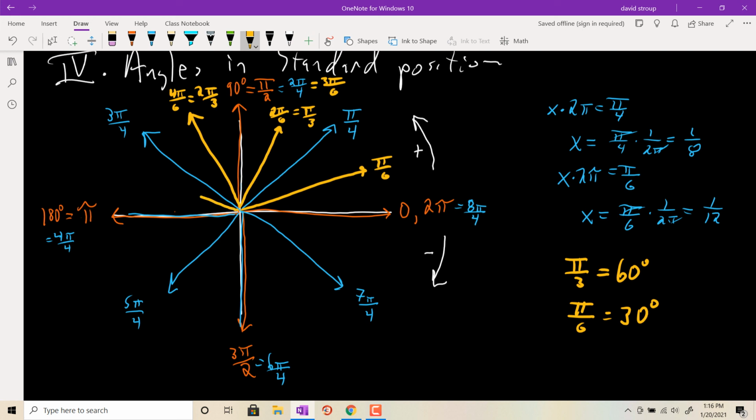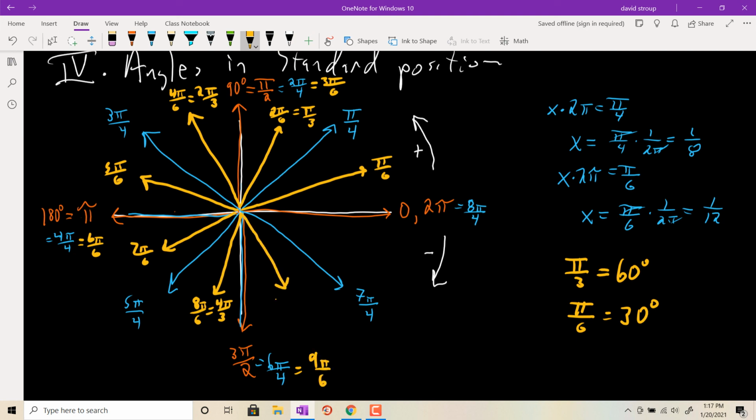And then 5 pi over 6. And then 6 pi over 6, of course, it's just pi. And then 7 pi over 6. And then, of course, 8 pi over 6, which is also 4 pi over 3. 9 pi over 6 is the same as 6 pi over 4, which is the same as 3 pi over 2. 10 pi over 6.